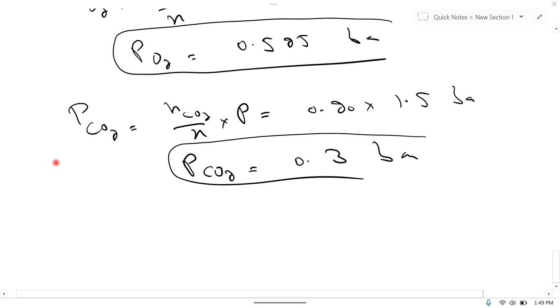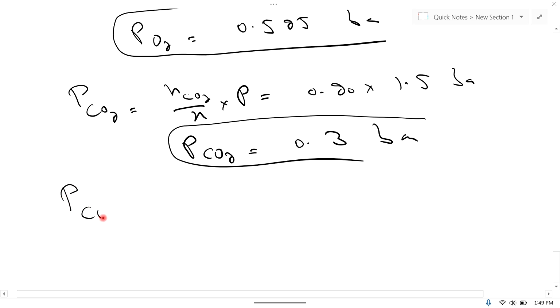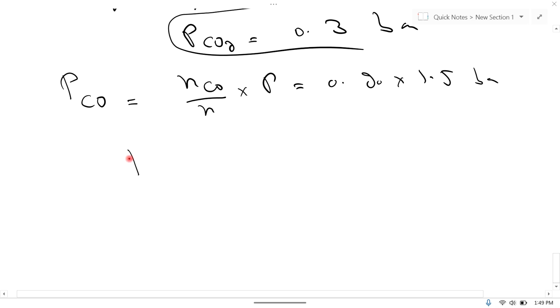Finally, the partial pressure of carbon monoxide is 0.20 multiplied by 1.5 bar, which is 0.3 bar. This is the solution of part number 4.